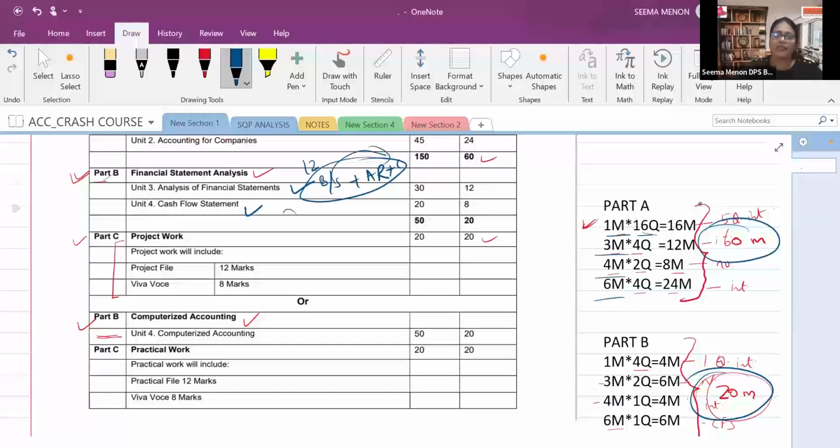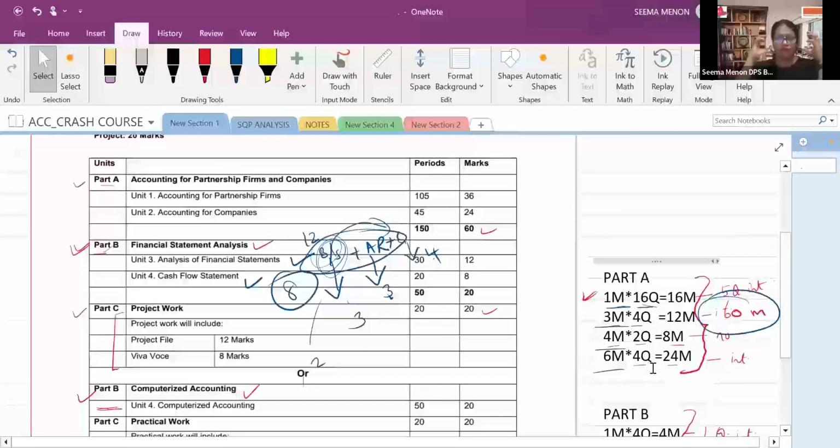Then the cash flow statement covers 8 marks. So 12 plus 8, 20. Here you have to learn major heading and subheading, and accounting ratio. Then comes comparative and common size statement for 4 marks, accounting ratio 3 marks, 4 plus 3, 7. 7 plus 3, this is balance sheet major heading and subheading, 3 marks. Then MCQ 2 marks. That is why it is 12 marks.